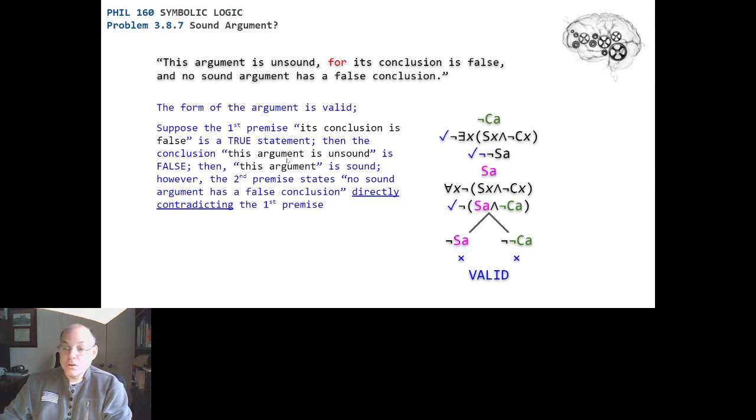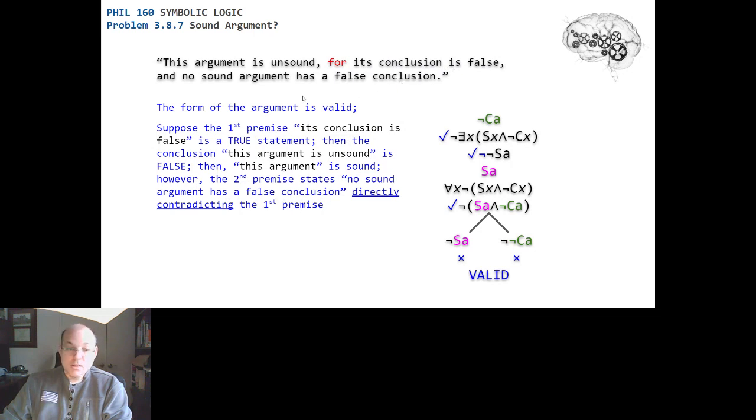So if this argument is unsound is false, then this argument is sound. But the second premise tells us that no sound argument has a false conclusion, which is directly contradicting what the first premise is saying.